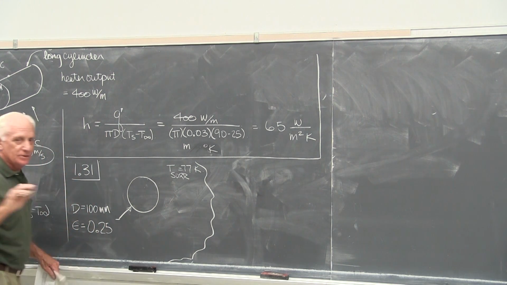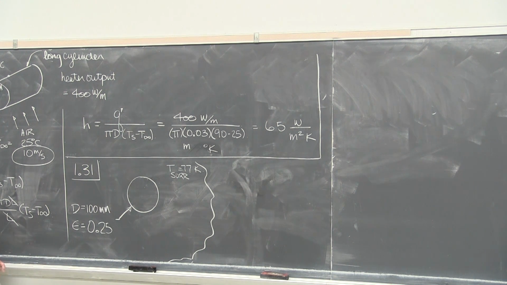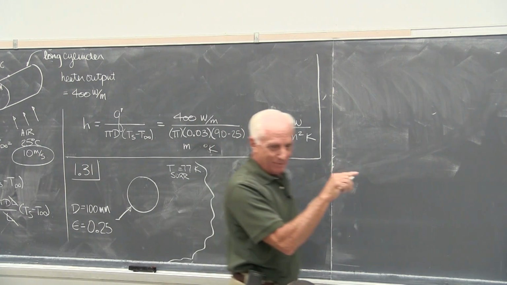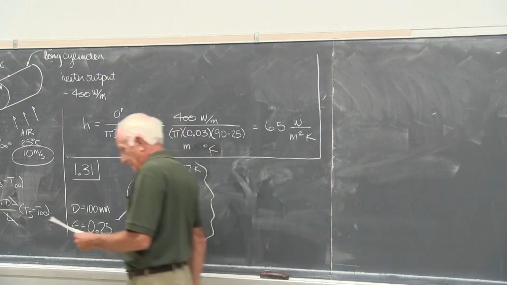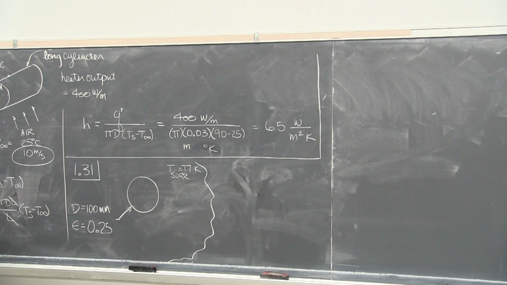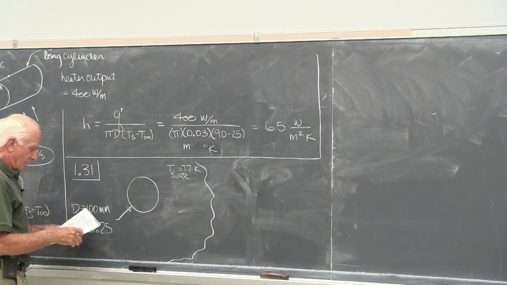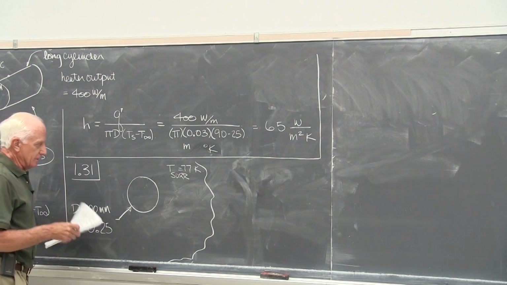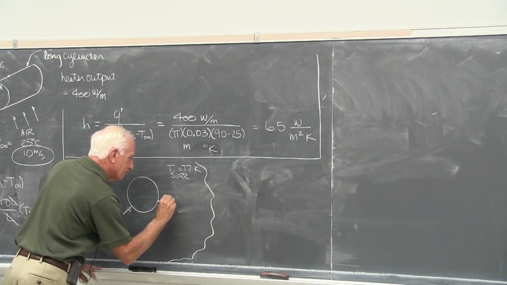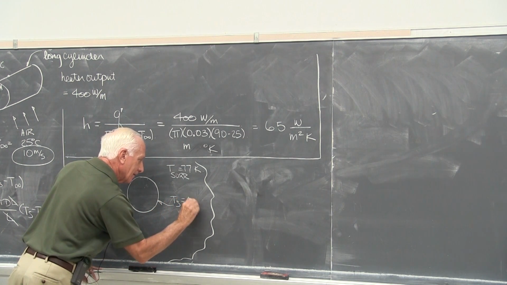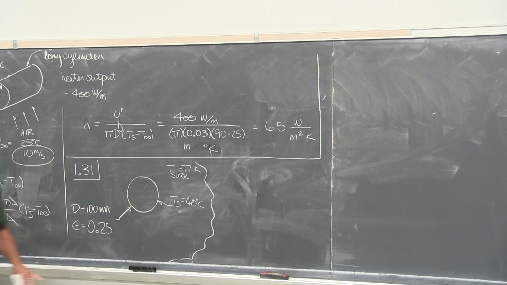Now, this is a space simulation chamber, so there's no air in it. It's a vacuum, okay? If it's a vacuum, there's not going to be any conduction, there's not going to be any convection. This is a radiation problem. The surface temperature, we want to keep it at 40 degrees C. If it's above 40 degrees C, the electronics start to malfunction.